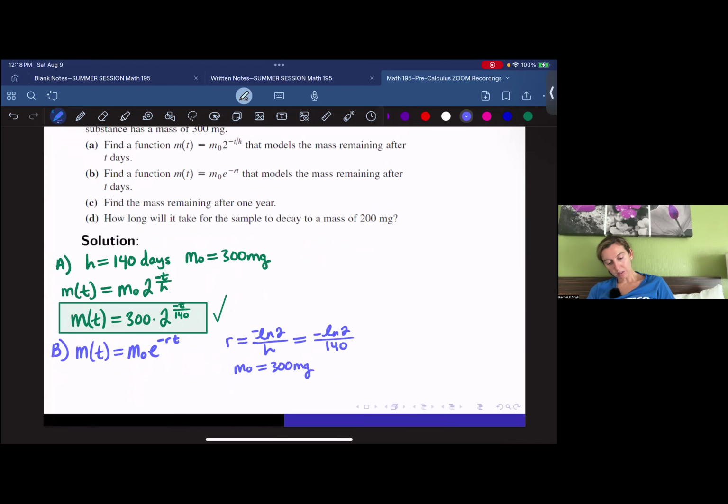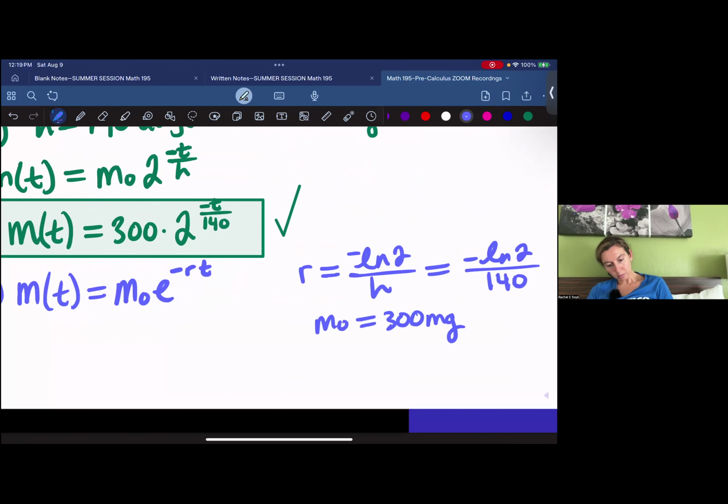So when we sub this in, we get that general formula to be 300 times e to the, you don't want to repeat this negative twice. So if you have the negative here, then maybe what I'll do so I don't confuse you guys, I'll take it out here.